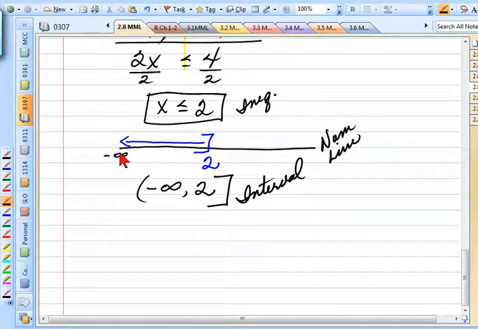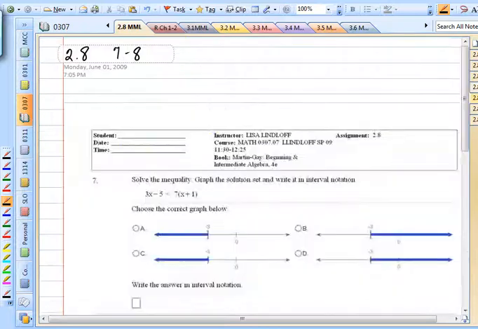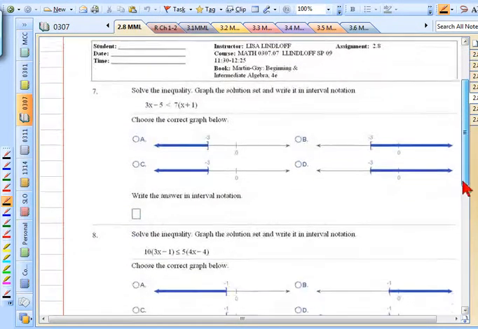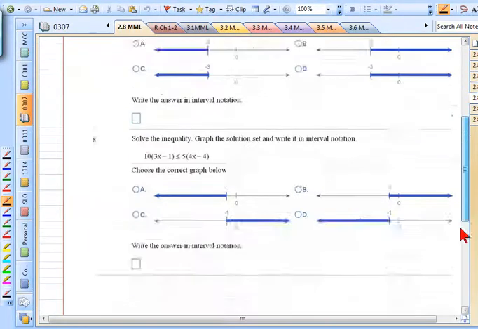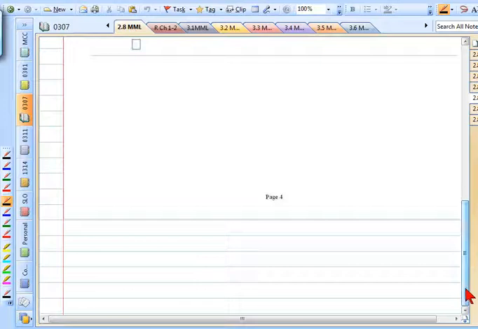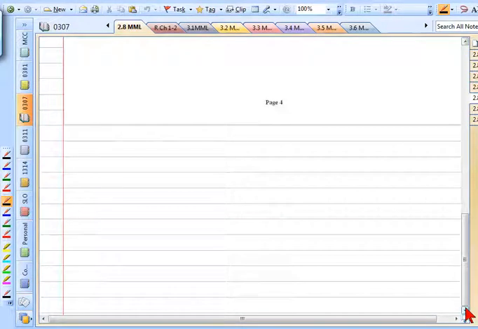All right, let's look at number 7. Okay, so if I go to number 7 and come down here where I have a little room to write, it is 3x minus 5 is less than 7 parentheses x plus 1.